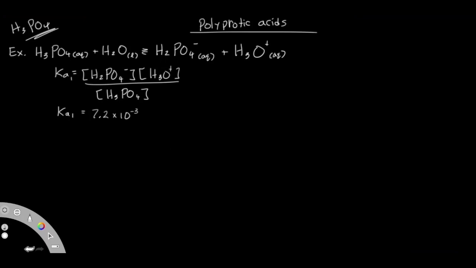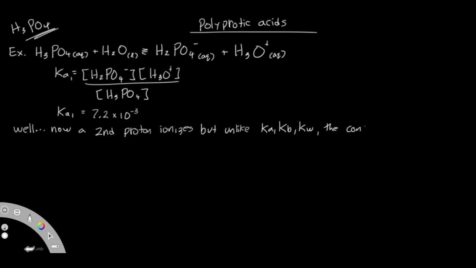Now, if we were to flip this and do it as a Ka2 expression, what do we end up getting? Well, now a second proton, so the hydrogen ion, needs to ionize. But unlike the relationship of Ka and Kb and Kw in the previous video, where the conjugate base acts as a base, this time the conjugate base doesn't act as a base, but rather as an acid, again, like this one over here.